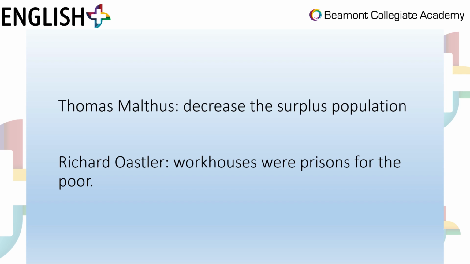So you've got these two contrasting thinkers, and it's really important when writing about A Christmas Carol that you hold the context in your head, and you've got a clear idea that Dickens was writing A Christmas Carol and it served as a vehicle for him to give his moral message.